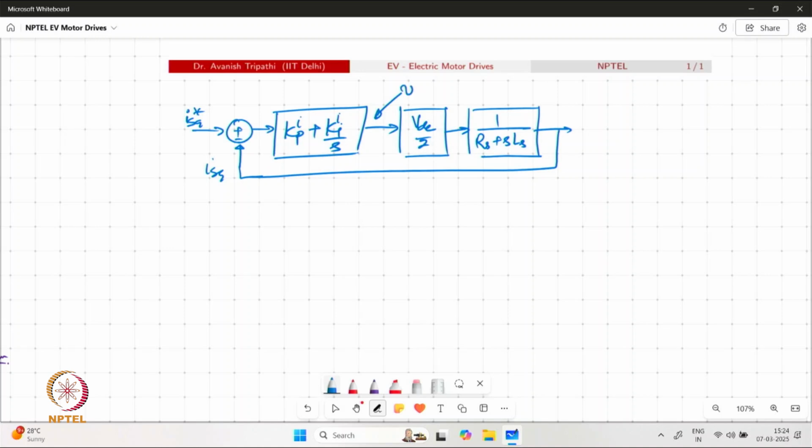For example, when we are generating the reference signal VSQ, we cannot have any value for VSQ because eventually VSQ is going to reflect on the modulating signal. So we need to have saturation limits for the controller, and also we need to have anti-wind up possibility for the integrator which is available in the system.